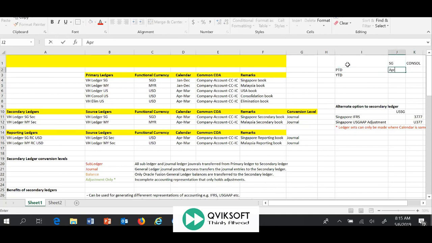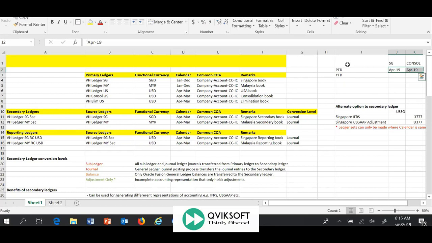Let's say the April balance, right? When I do this, will this give me any problem, given that my calendar is different? From April to consolidation. Consolidation is April to March, right?